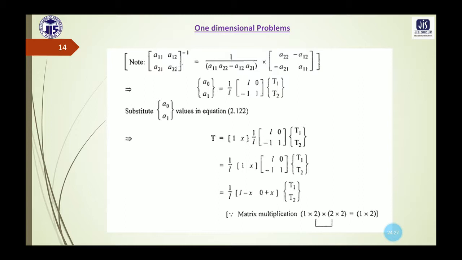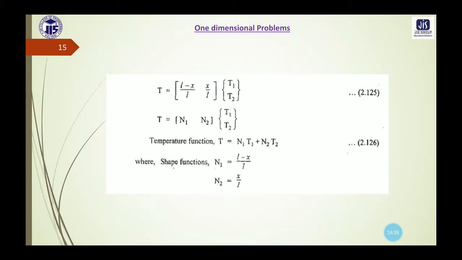After that we need to perform some matrix multiplication. After performing this matrix operation, we get the equation for T equals the row matrix L minus x by L, x by L, multiplied by the column matrix of T1 T2.